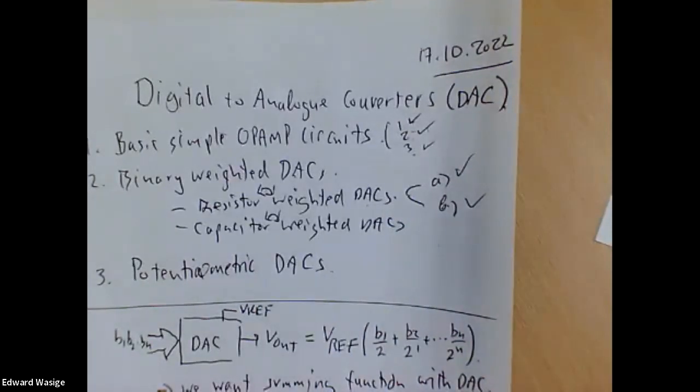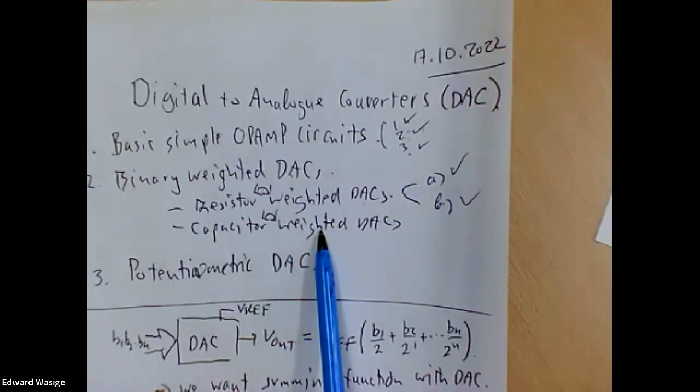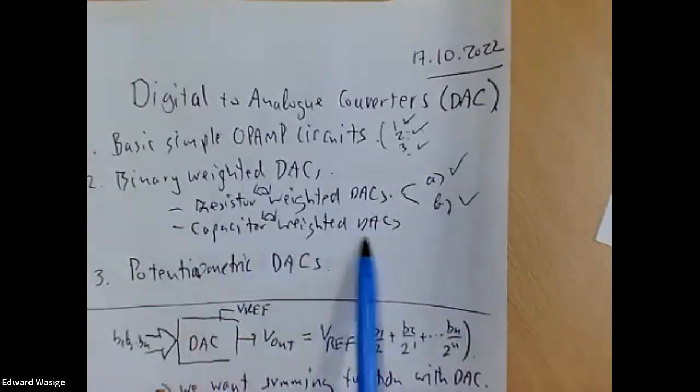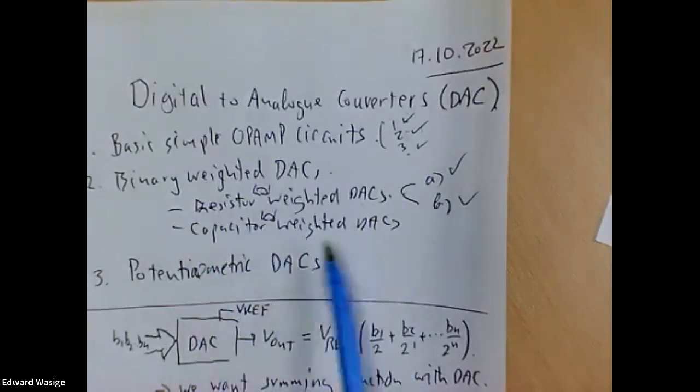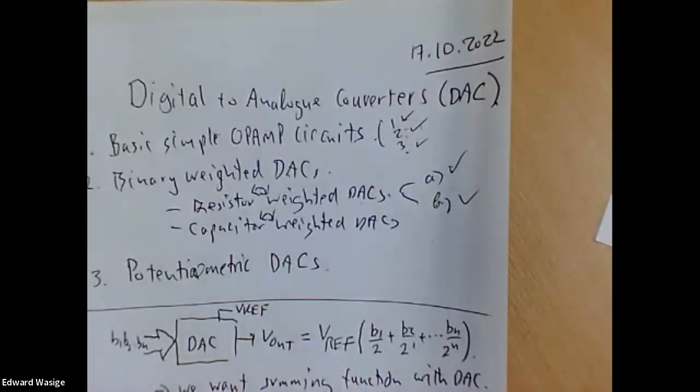Just so, with your op-amp in the summing configuration, you can do your weighted resistor DAC. But from the question from Mohammed, we know that the weighted resistor DACs consume your power, your battery. So batteries always come at a premium. An alternative, which is the more popular implementation, is to use capacitors, because capacitors don't consume power.